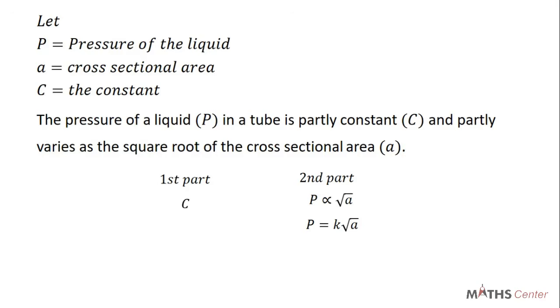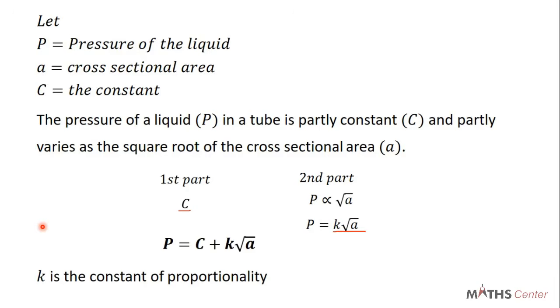So P is in two parts. The first part is C, and the second part is K root A. That means that P is equal to C plus K root A, where K is the constant of proportionality.